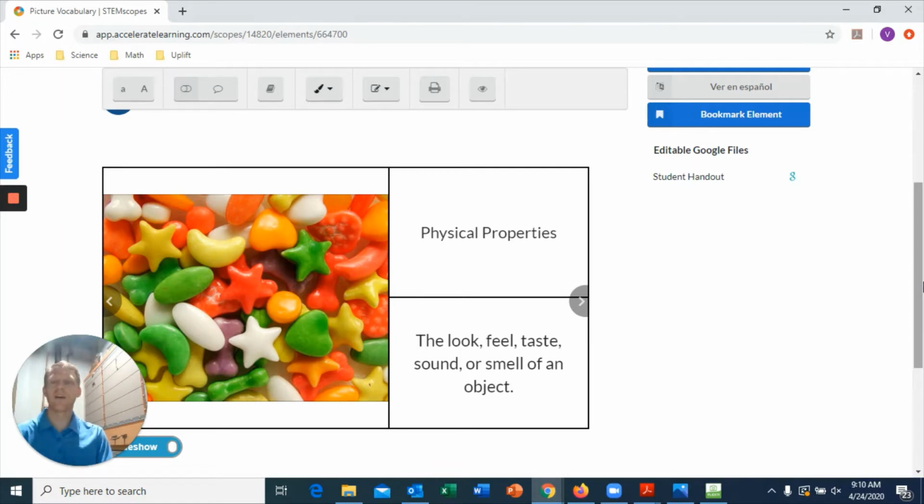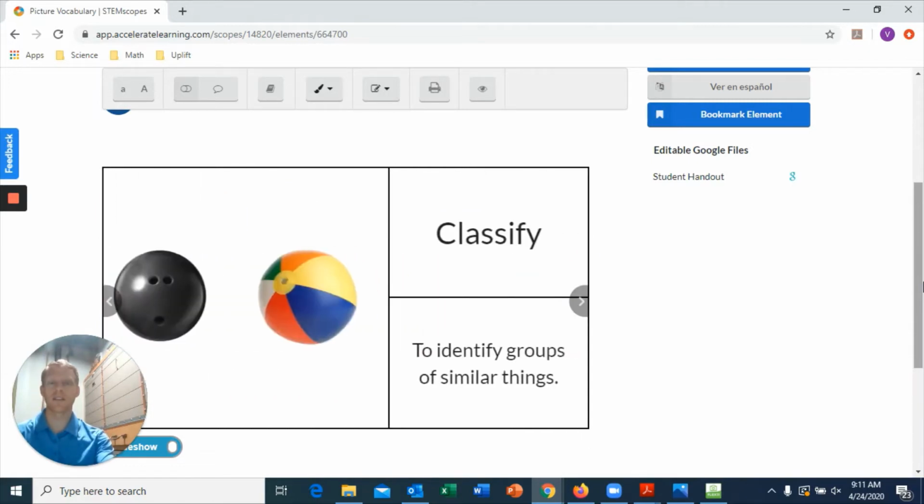Now, how about comparing matter to other matter? How would we do that? In order for us to do that, we must ask some questions that will help us to think about the matter, and we are going to call this classifying matter.